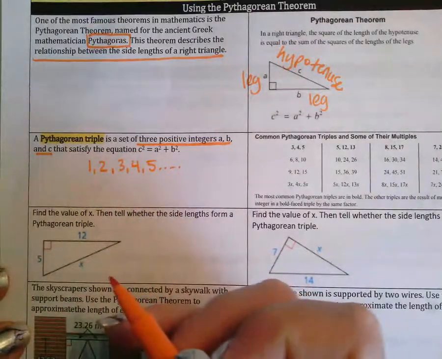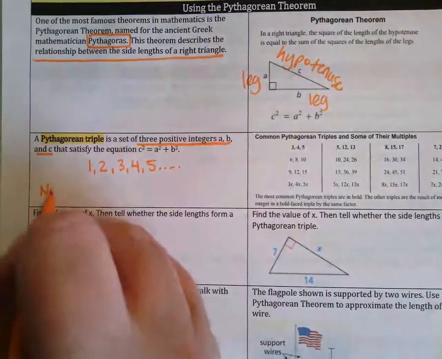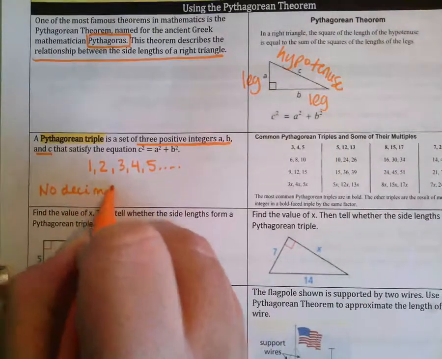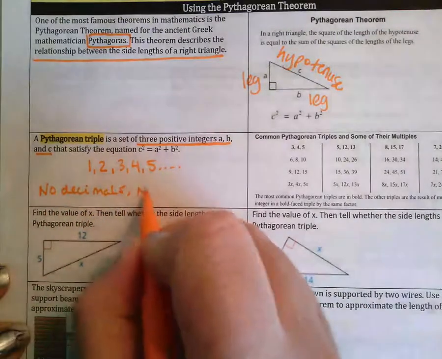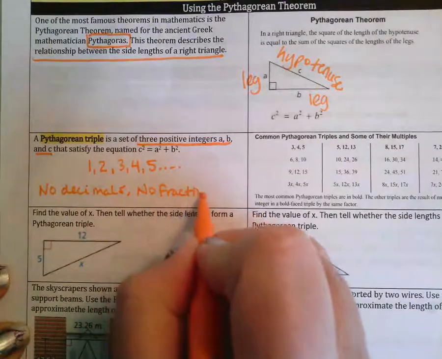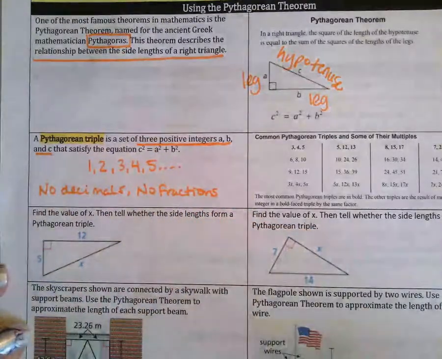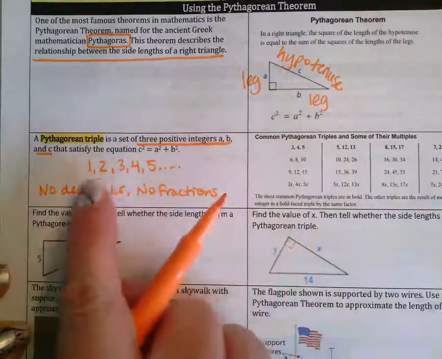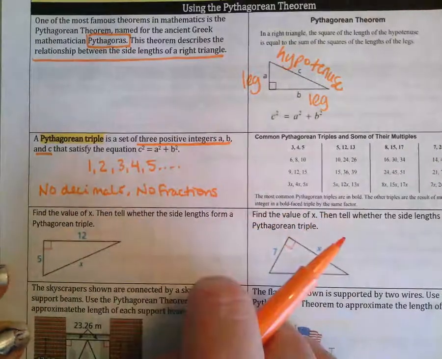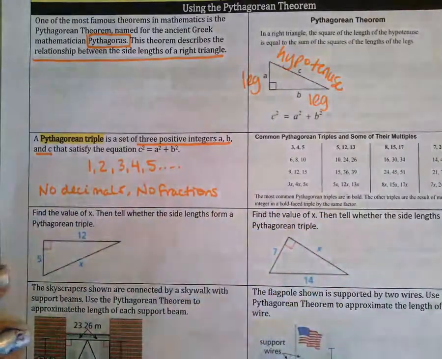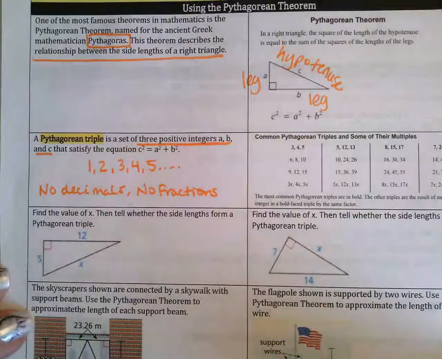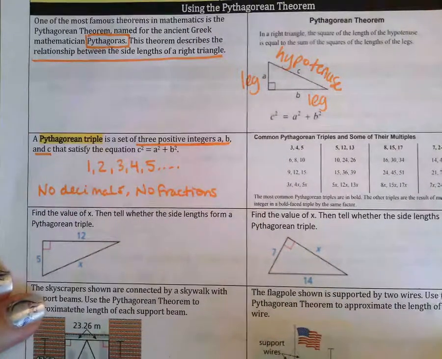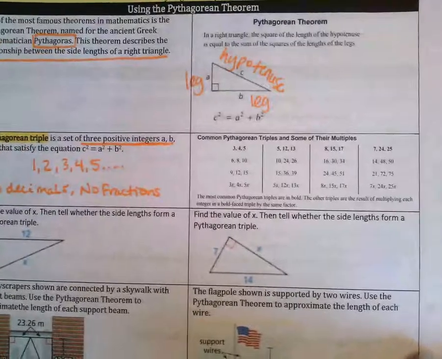Notice there are no decimals, and obviously no fractions, because fractions can be made into decimals. If you have perfect numbers, integers, then you have a Pythagorean triple, but it has to be true for all 3 of them.